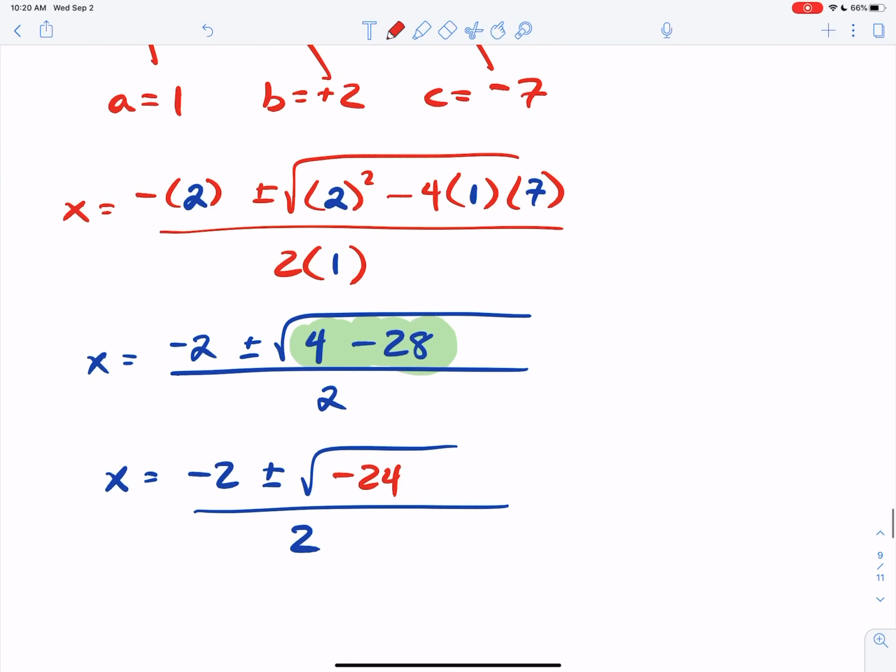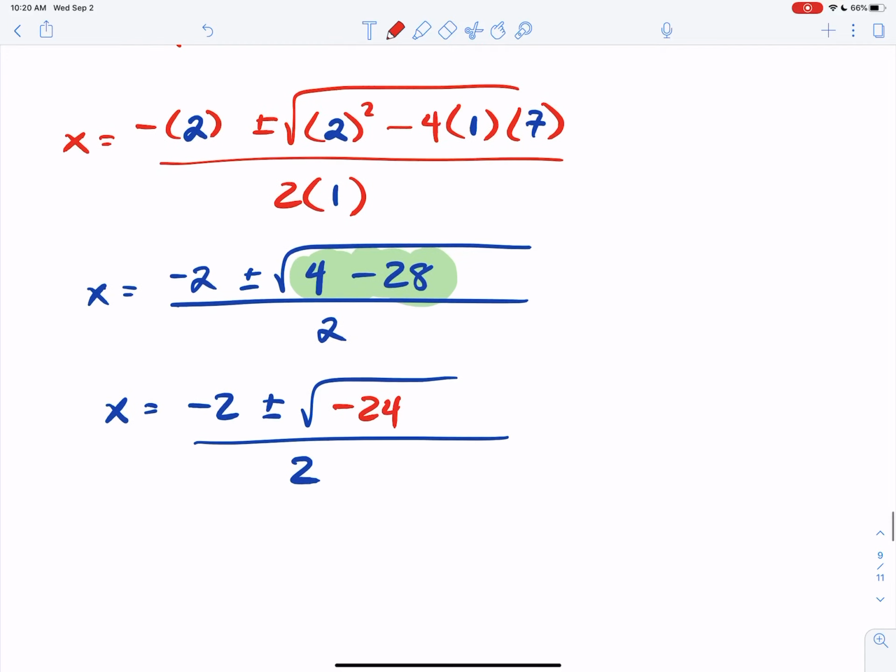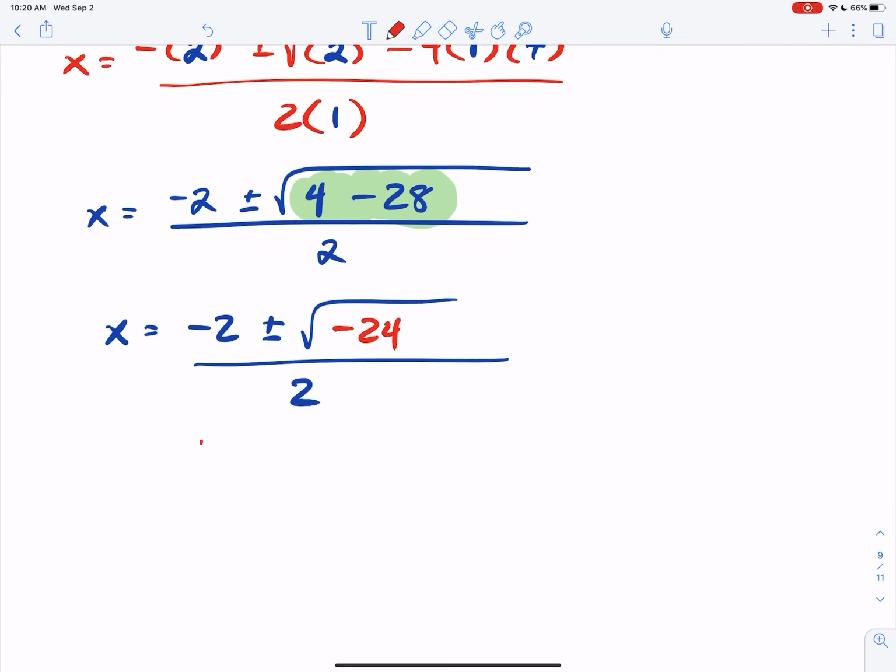Okay, so the thing is, this is a big no-no with real numbers, okay? When you square root, you're thinking of a number times itself. That'll give you the number on the inside. But if you multiply any number times itself, it'll never give you a negative number. So if you're ever square rooting a negative number, right away you can say dot, dot, dot. It's kind of like a triangle here. That means therefore.